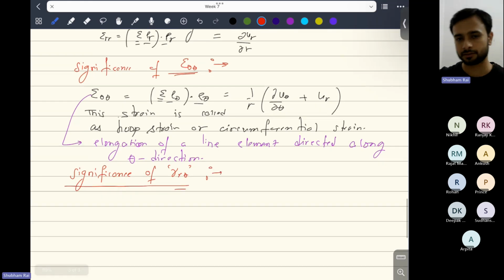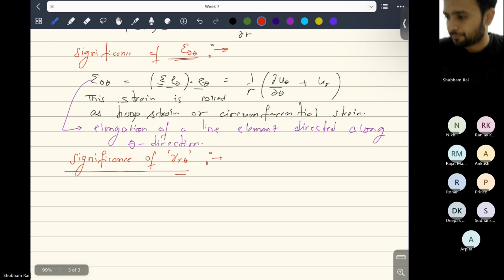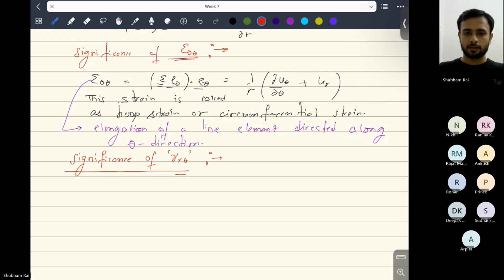So gamma r theta, you know that it is shear strain. Shear strain on theta plane in r direction, right? Because the second column represents the plane direction. So this will be shear strain on theta plane in r direction.